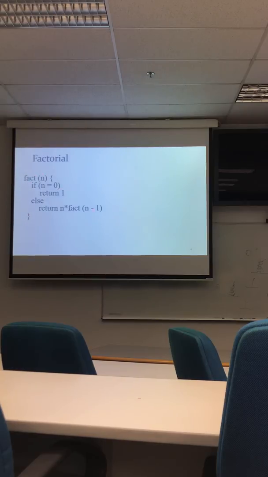This is the algorithm to find factorial n. We can find it from factorial n minus 1. The induction process for this one is simple.